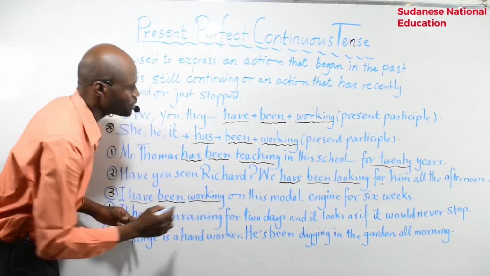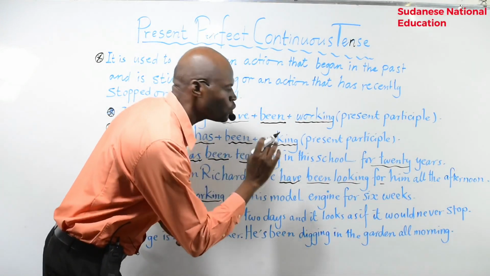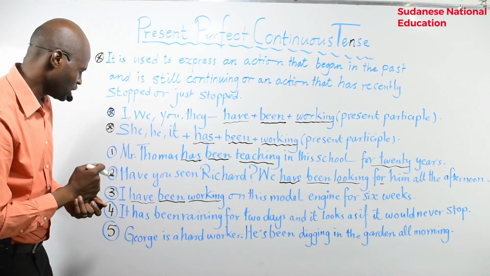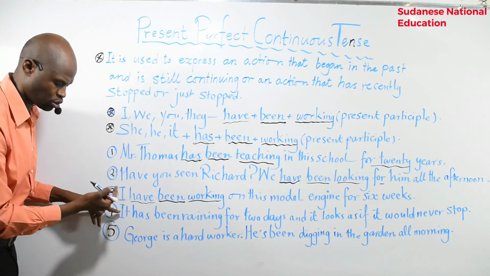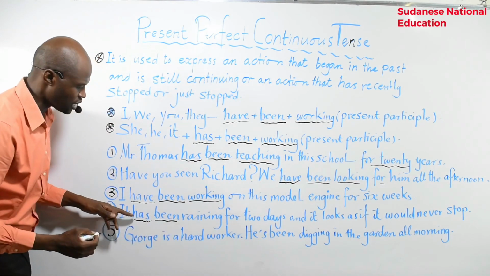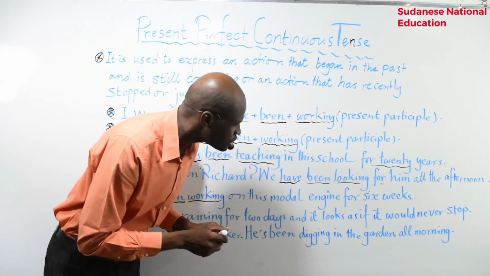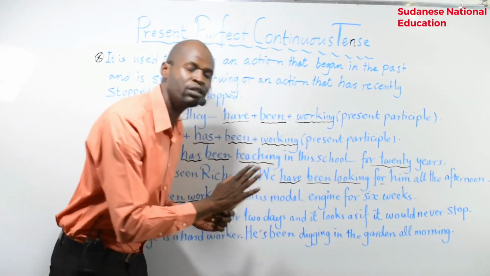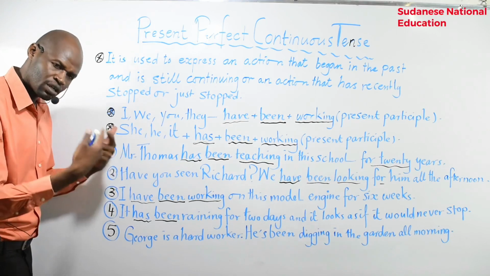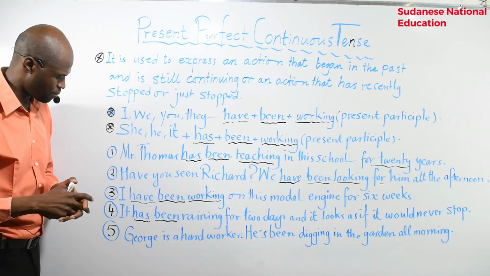Working, this is the present participle, on this model engine for 6 weeks. 6 weeks, and up to now, it hasn't finished. Number 4, it, and also with it we use has and then been. It has been raining for 2 days and it looks as if it would never stop. Here it means also that it's raining, up to now it's still happening.